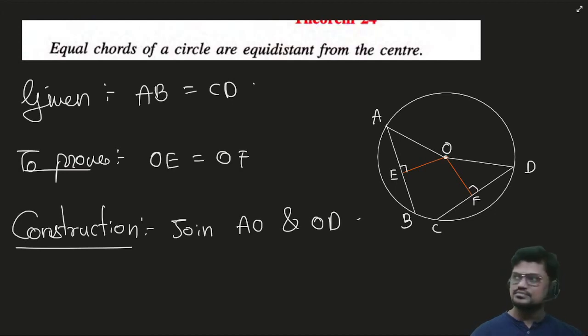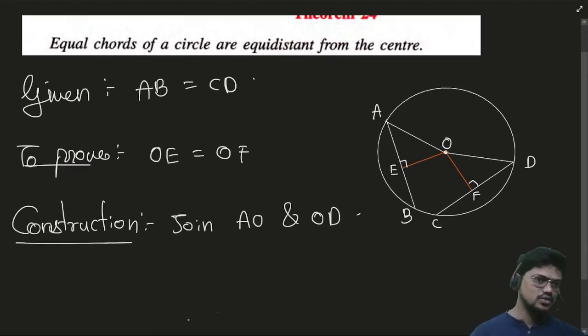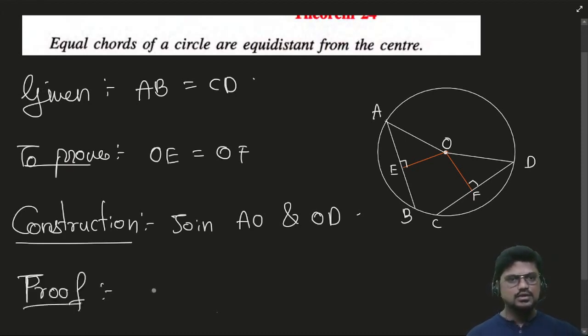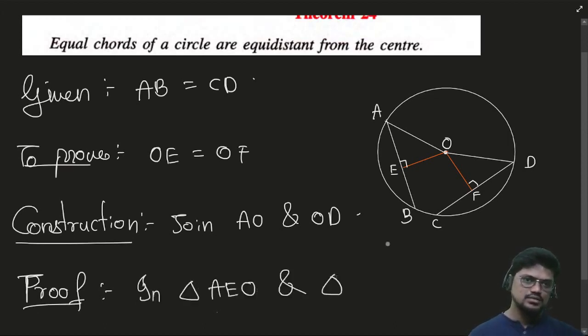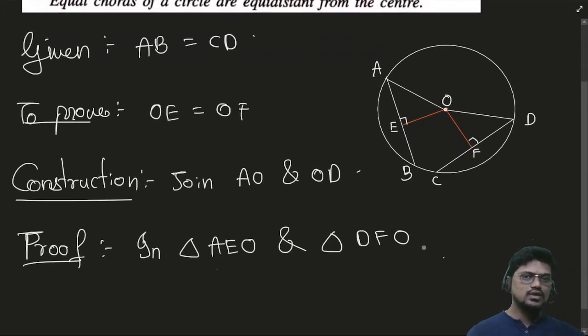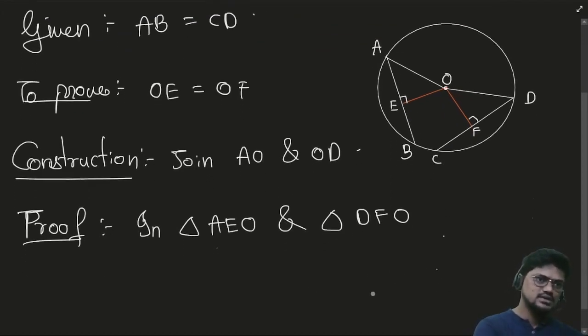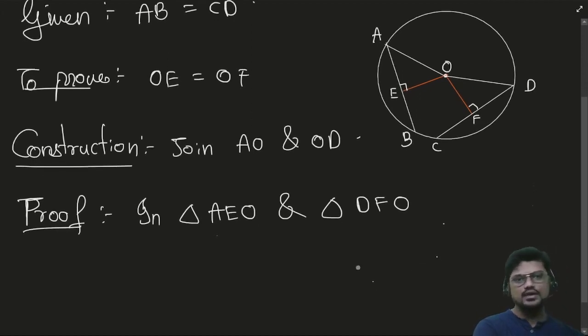Now the proof. The proof is in triangle AEO and triangle DFO. What you need to prove is OE is equal to OF. Yes, in these triangles you have to prove that.